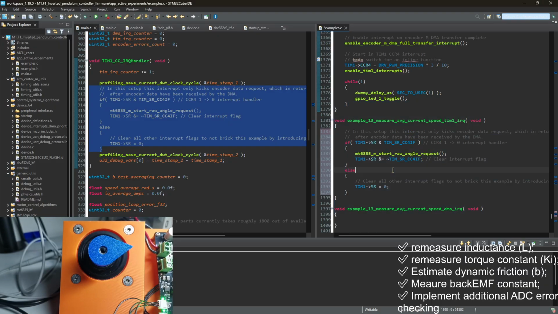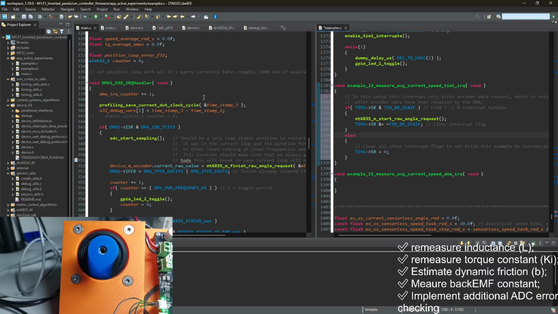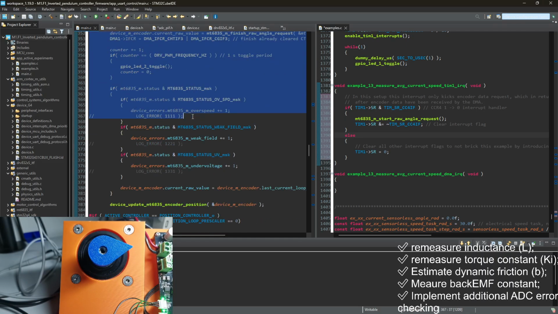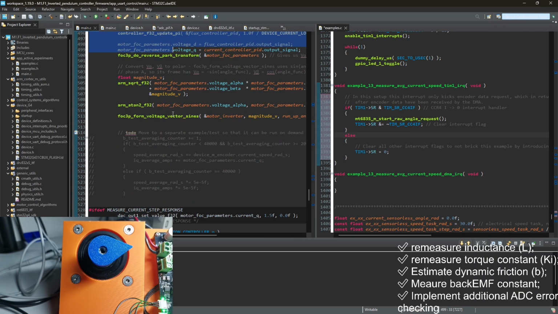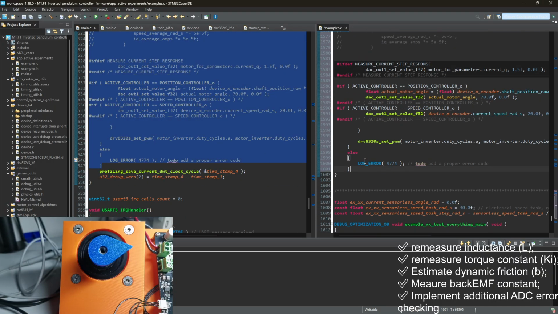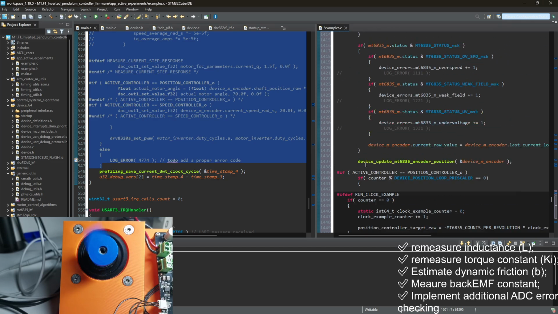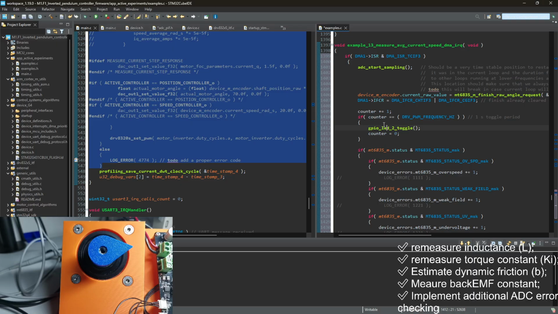We have all the functions for this, perfect. And now we need to copy only current loop related stuff from here. Oof, that's a lot of stuff. So let's start cutting away the pieces.